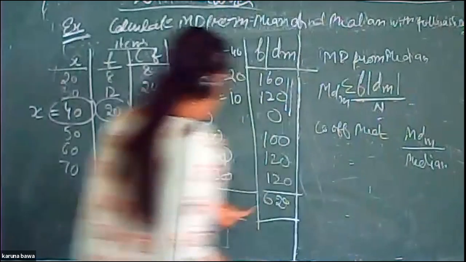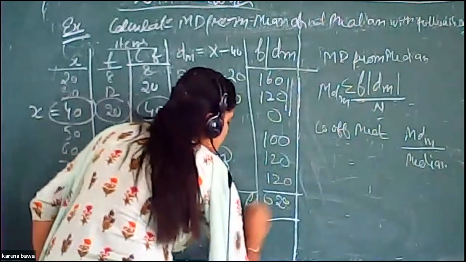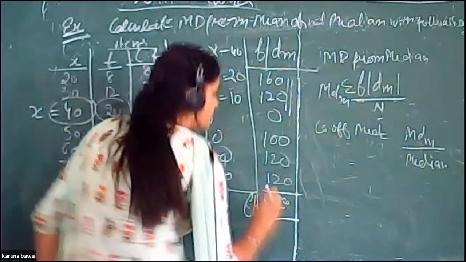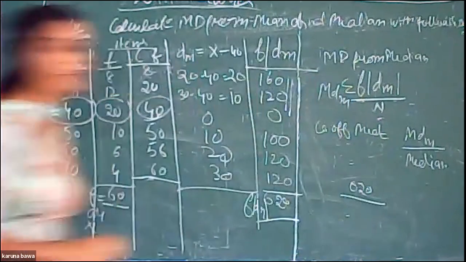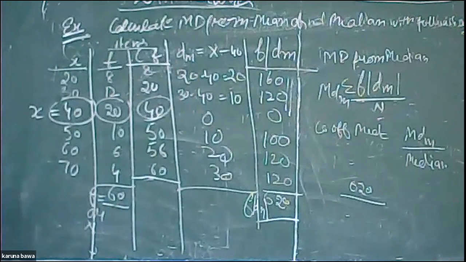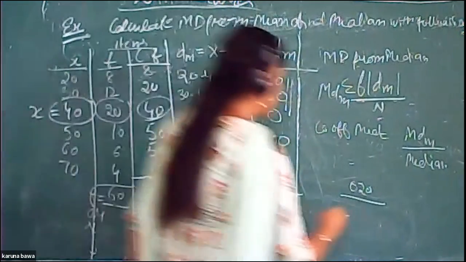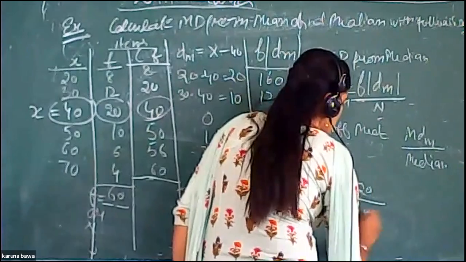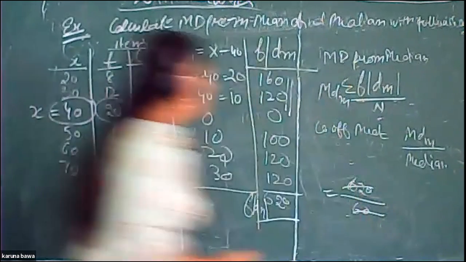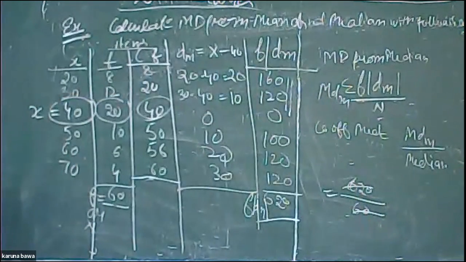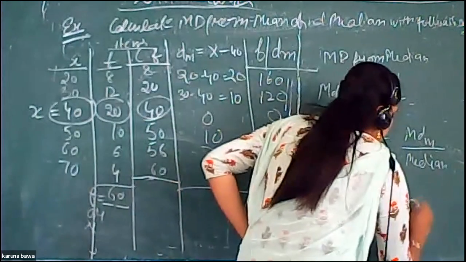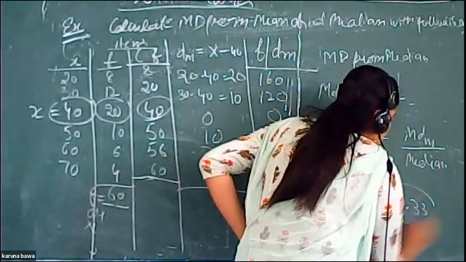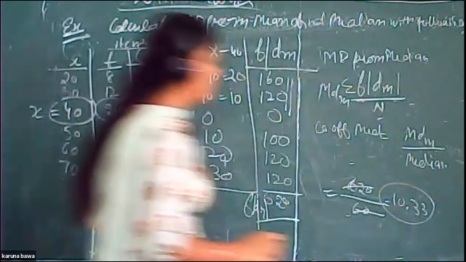The total value is 620 divided by n. n is the total number of observations, 60. 620 divided by 60 is 10.33. This is the mean deviation from median.